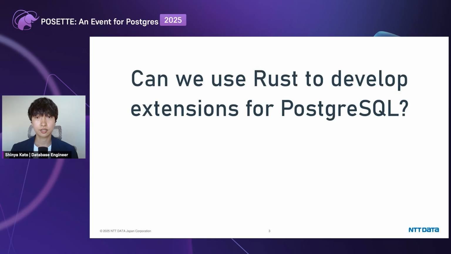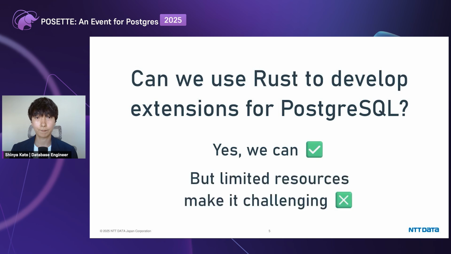To begin, can we use Rust to develop extensions for Postgres? Yes, we can. Instead of legacy C language, it's possible to develop Postgres extensions using modern Rust and frameworks. However, getting started with Postgres extension development in Rust can be a little bit challenging due to limited information.